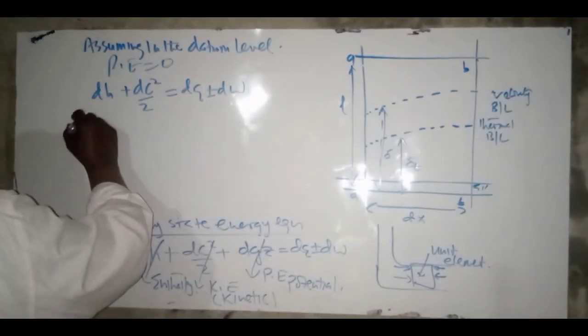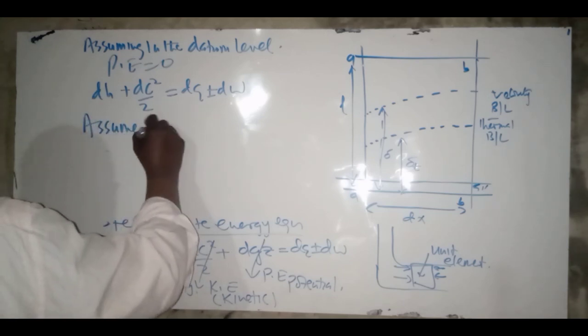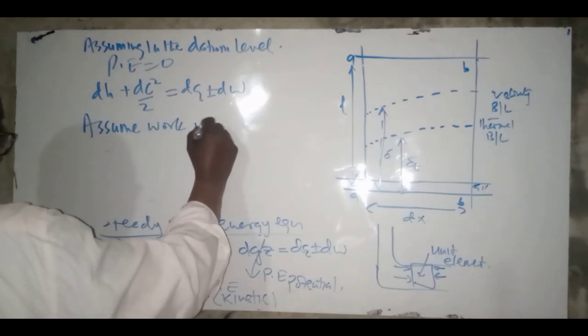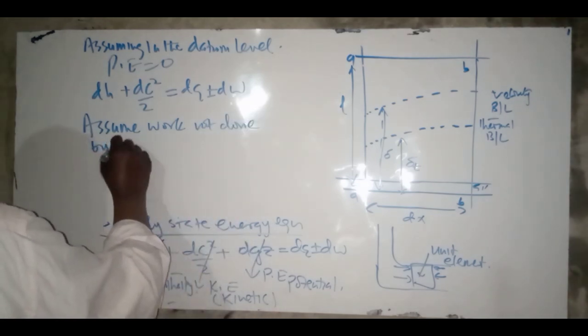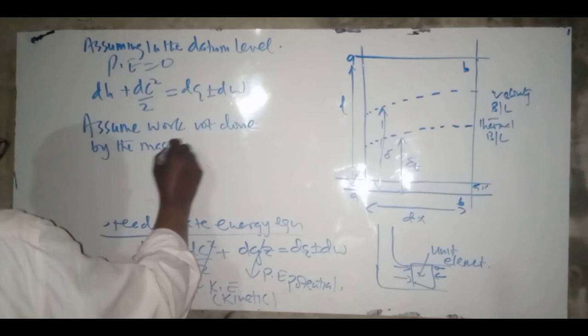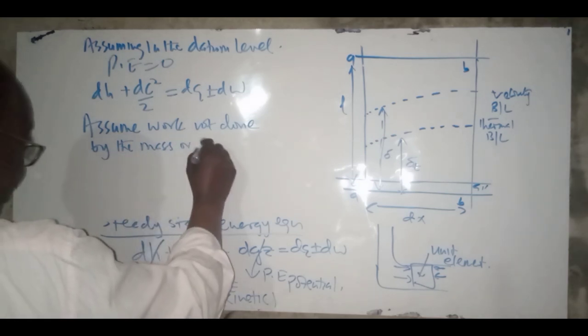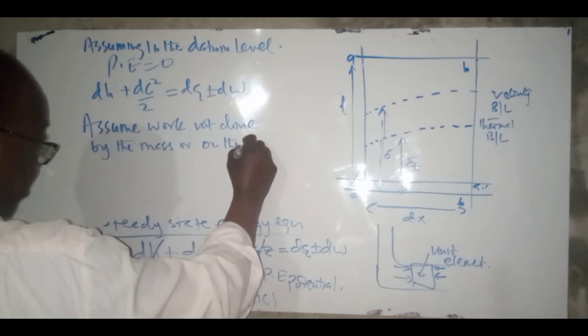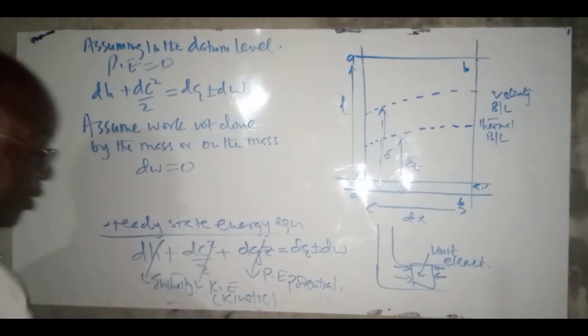We assume work is not done by the mass or on the mass. So we can say that dW is 0.